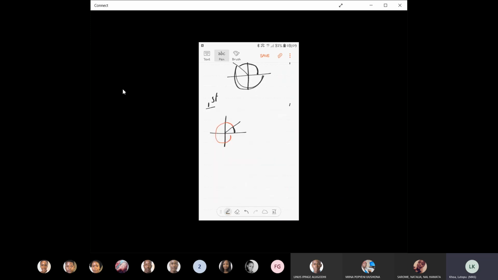Then if it is in the second quadrant, I draw the plane again. This is where your complex number would be. Measuring it anti-clockwise, that's positive, and then if I measure it clockwise, I measure it like that.